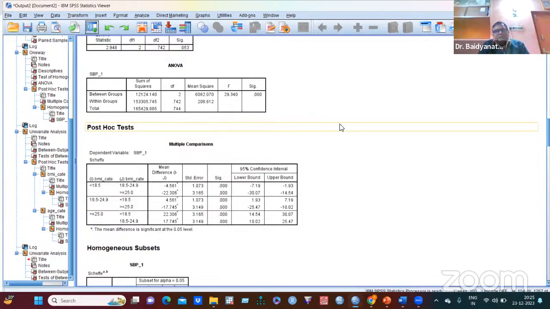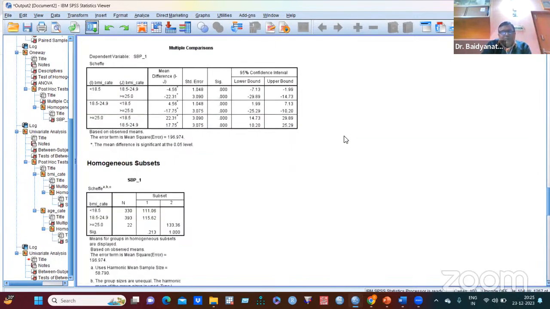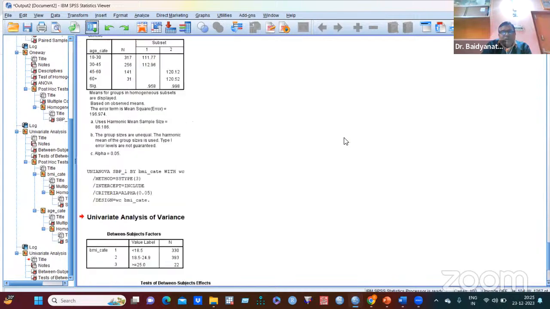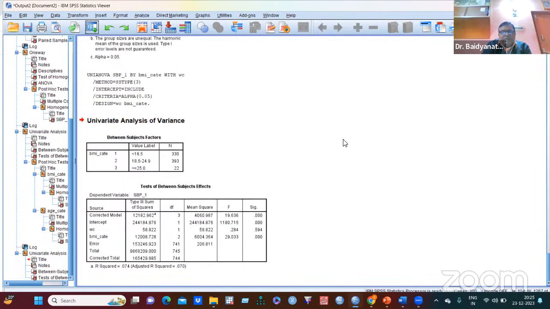So when we apply ANCOVA, if we control the variable and find out the effect of the independent variable on the dependent variable, then we can apply the ANCOVA. That can be one way or two way, same things. So covariates or confounding variables may be 1 or greater than 1.